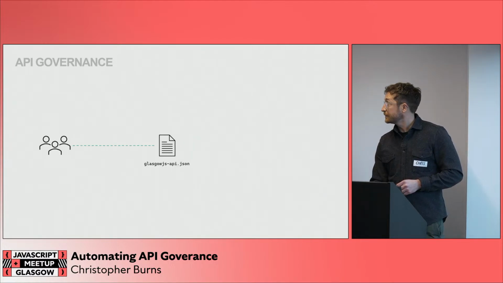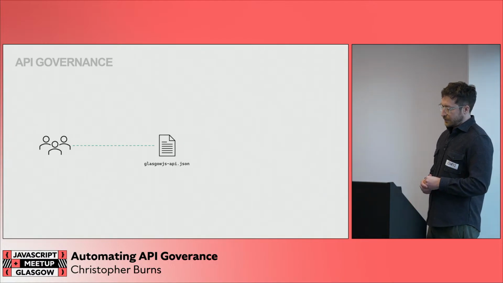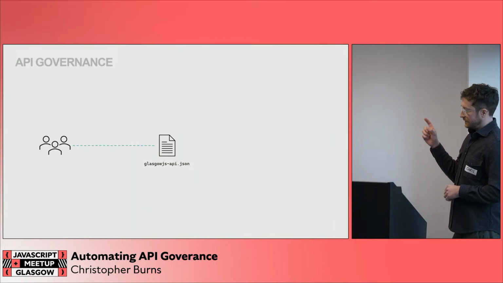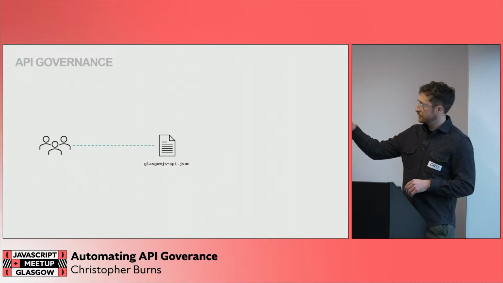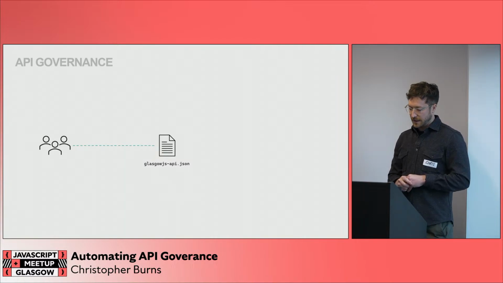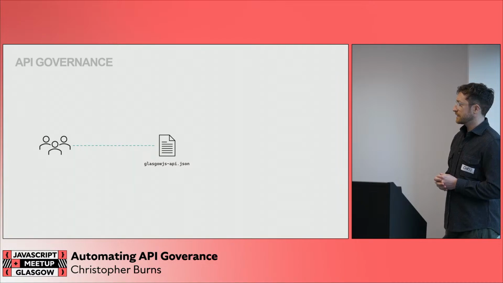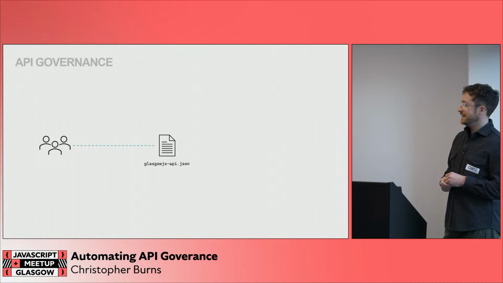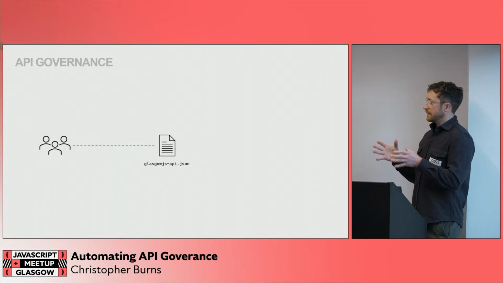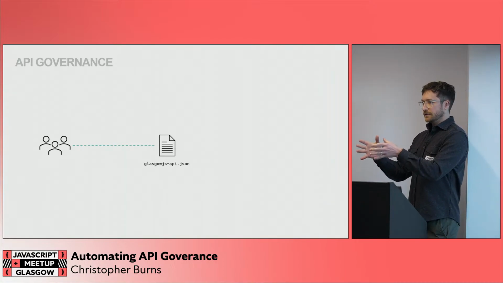A wee sneak peek. So the OpenAPI specification is, as we said, the interface between consumers and your API. And if you're using any kind of modern API gateway product, something like AWS Gateway, Azure APIM, Tyk, it's even the artifact that's deployed to those.